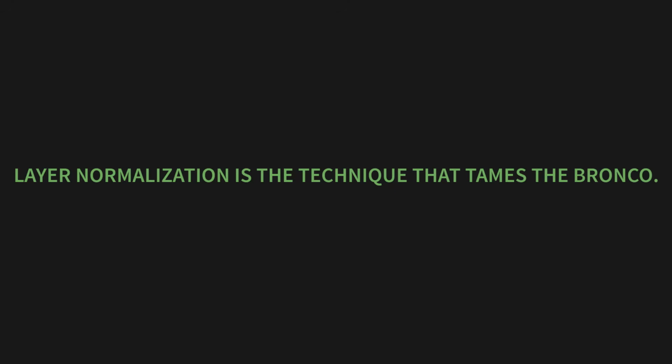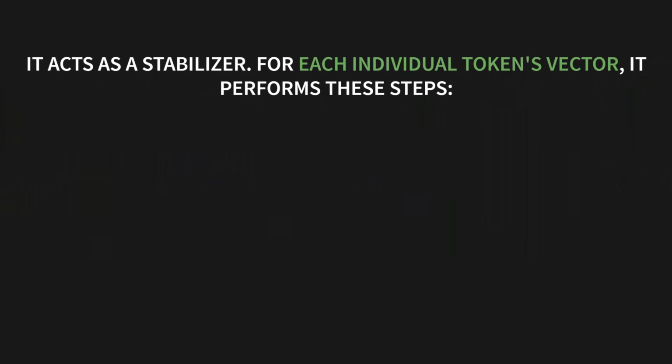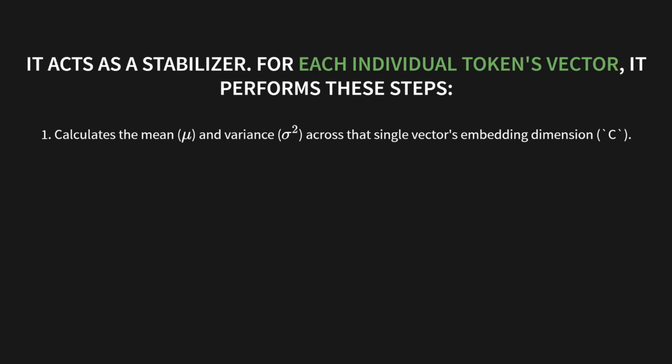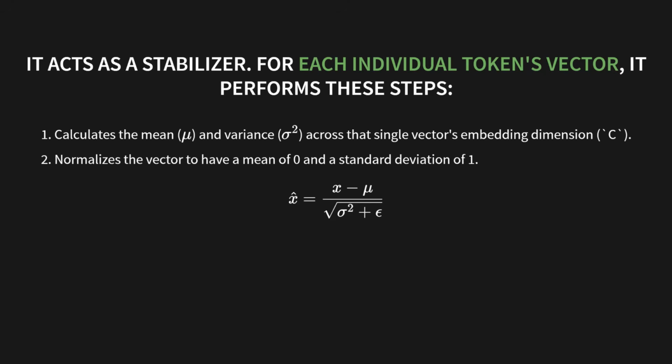It acts as a stabilizer. For each individual token's vector, this is really important, it performs these steps. First, it calculates the mean, which we'll call mu, and the variance, sigma squared, across that single vector's embedding dimension. That's the C dimension. Second, it normalizes that vector to have a mean of 0 and a standard deviation of 1. Look at this formula.